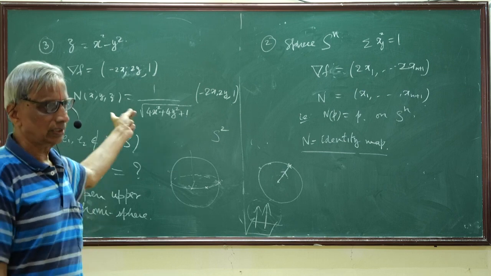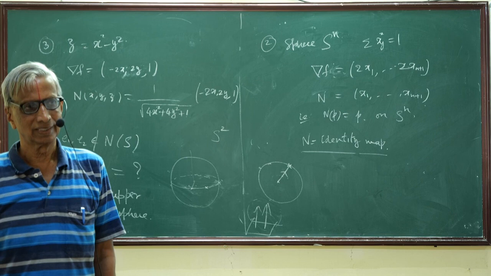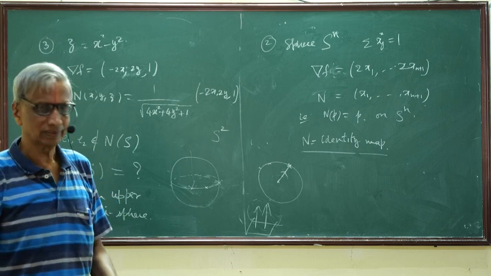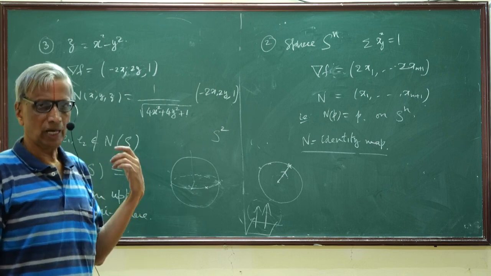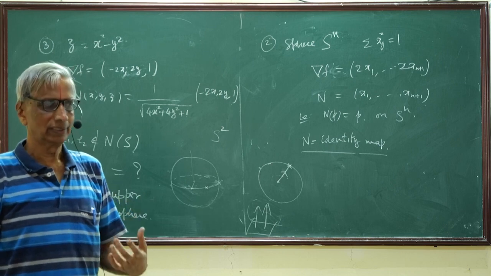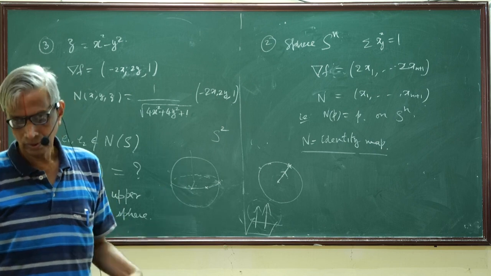Plane and the hyperbolic paraboloid are non-compact. So the reason is precisely this. There is a theorem which says that if you have a compact, connected, oriented surface, the Gauss map is surjective.